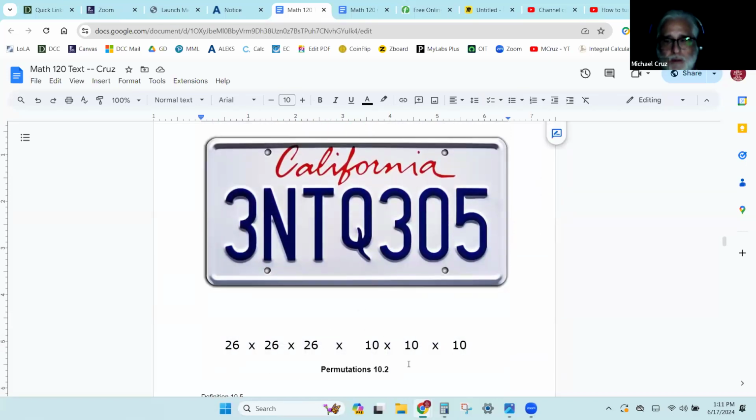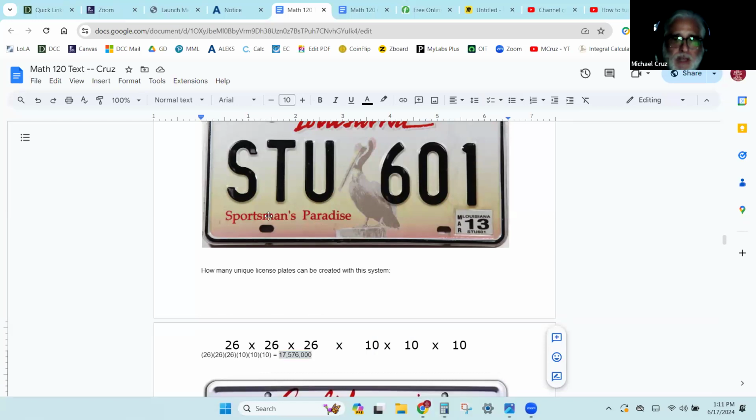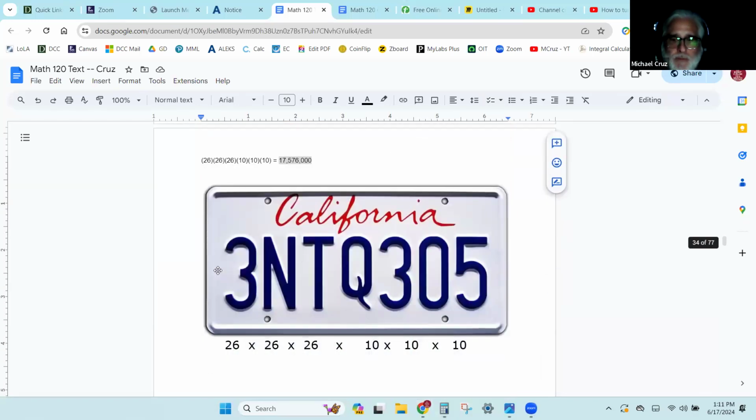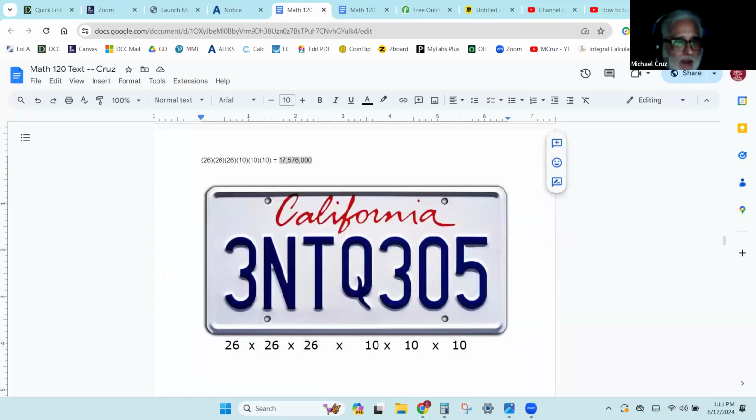California looks a little bit different. They've got something extra. With Louisiana and most other states, they've got 3 letters, 3 numbers. But 17 million is not even half of what California's population is. So they have to make sure they have enough. Well, look what they've got.